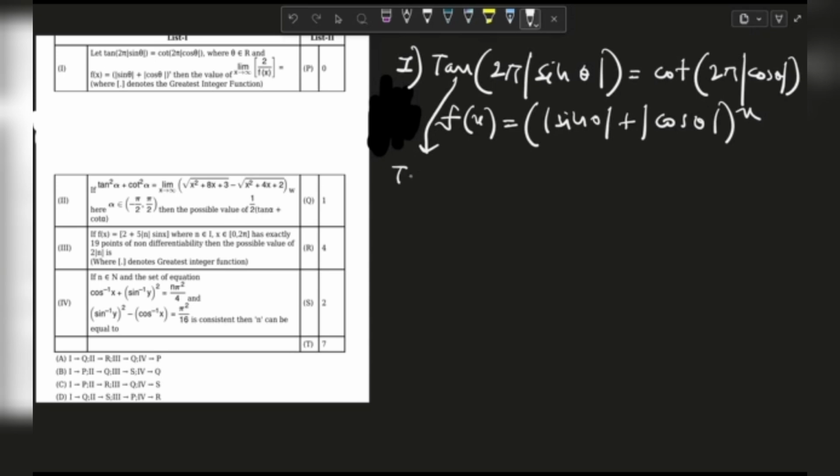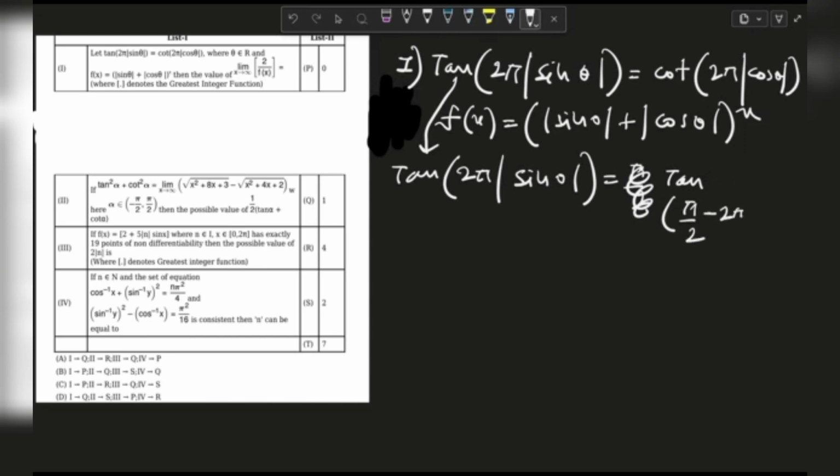So what I will do is I will write this as tan of 2 pi mod sine theta, and this cot as tan of pi by 2 minus 2 pi mod cos theta. So basically now if we compare these two equations, we will have 2 pi times, and bring this cos theta to the left hand side.